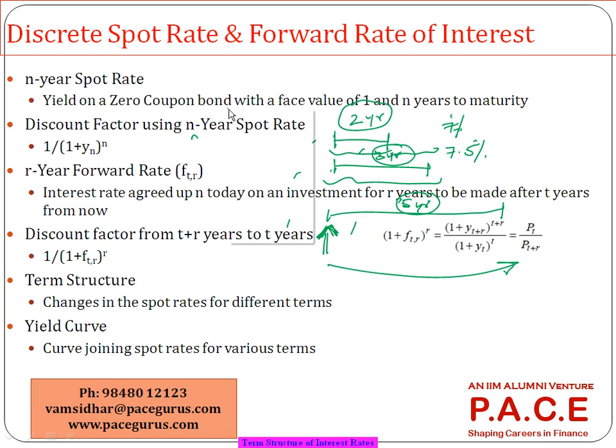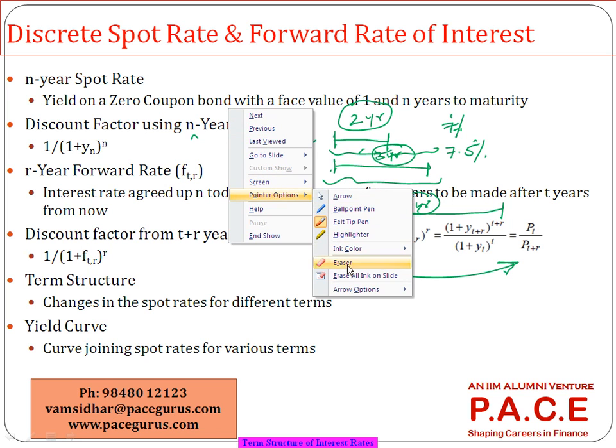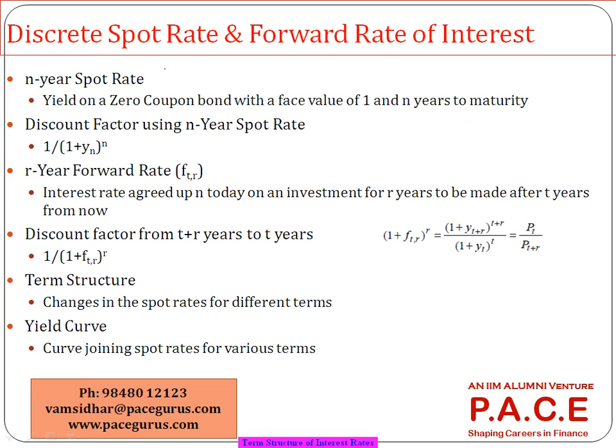And let's say now we use a different term called forward rate. Whenever we use the word forward rate, it is the interest rate not from now. From now, if I am finding out a 3 year rate, we call it the spot rate.